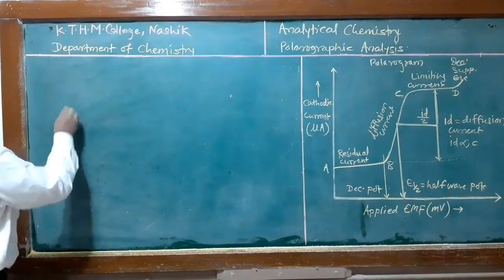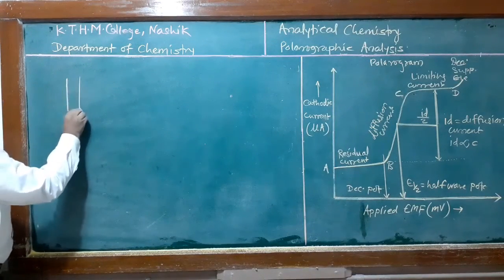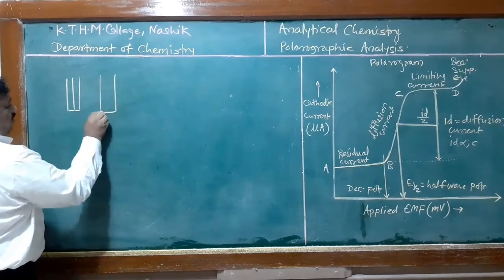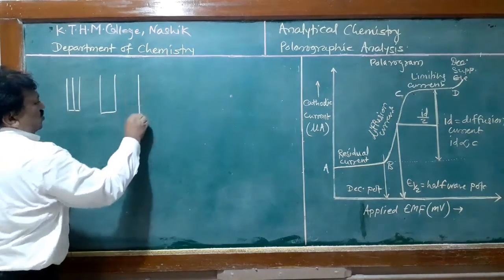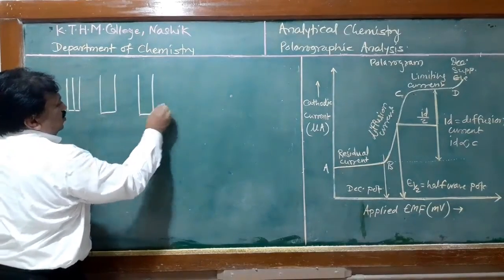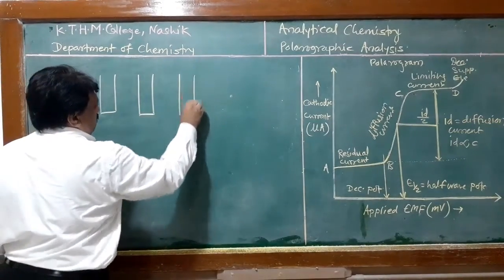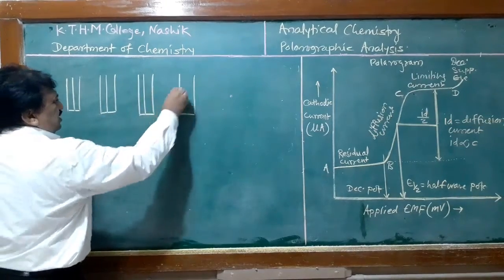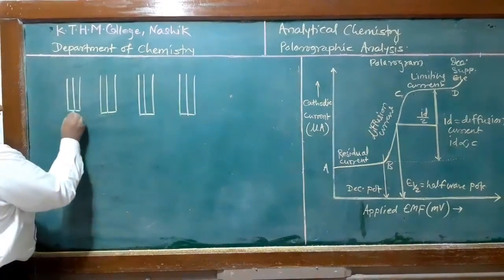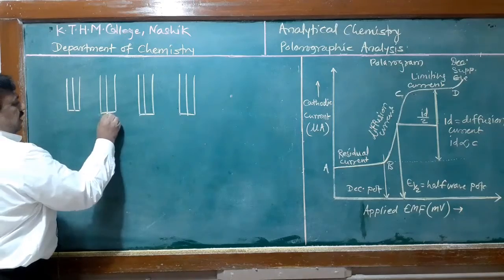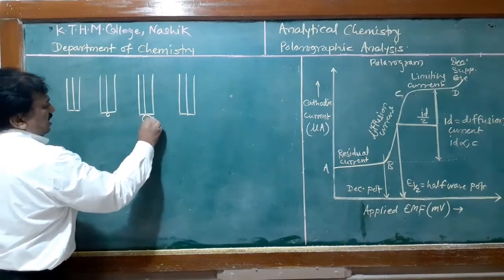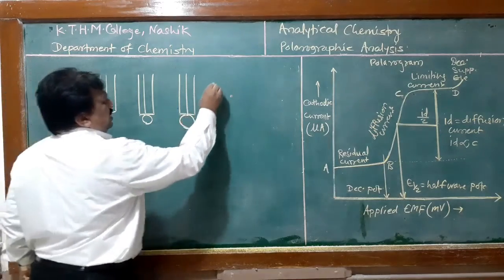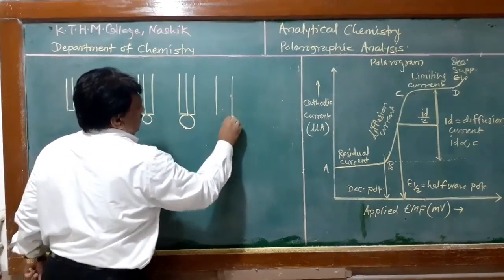In a dropping mercury electrode, a small spherical drop of mercury is generated on the tip of the capillary, and this drop hangs into the body of the analyte solution. Here, this drop is continuously generated from the tip of the capillary and it reaches a maximum size, and after that it is dropped into the solution.